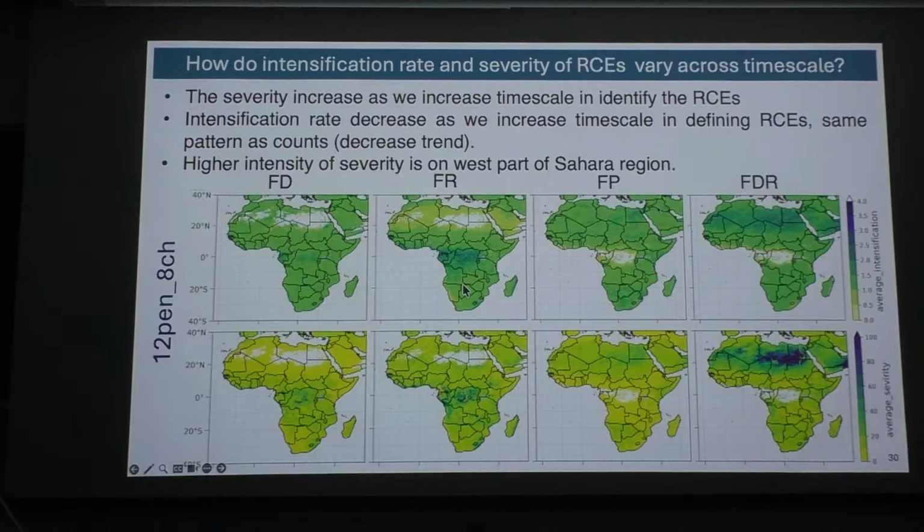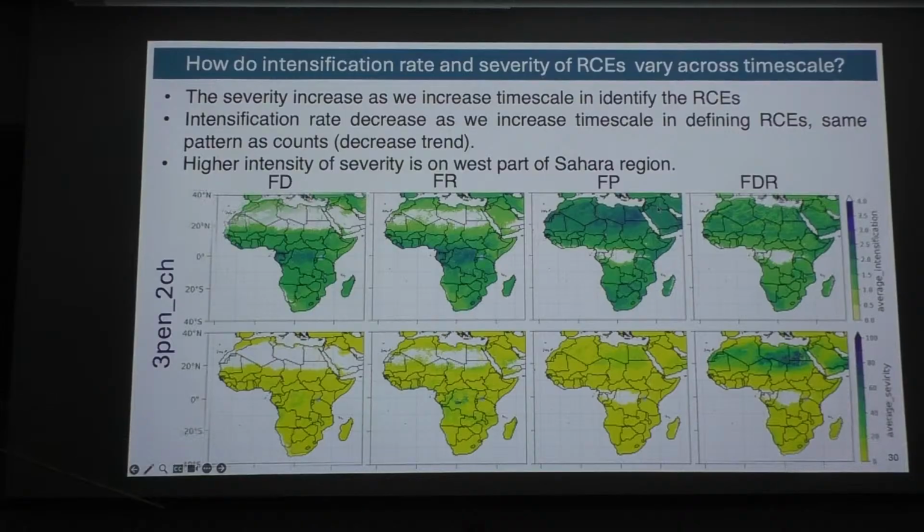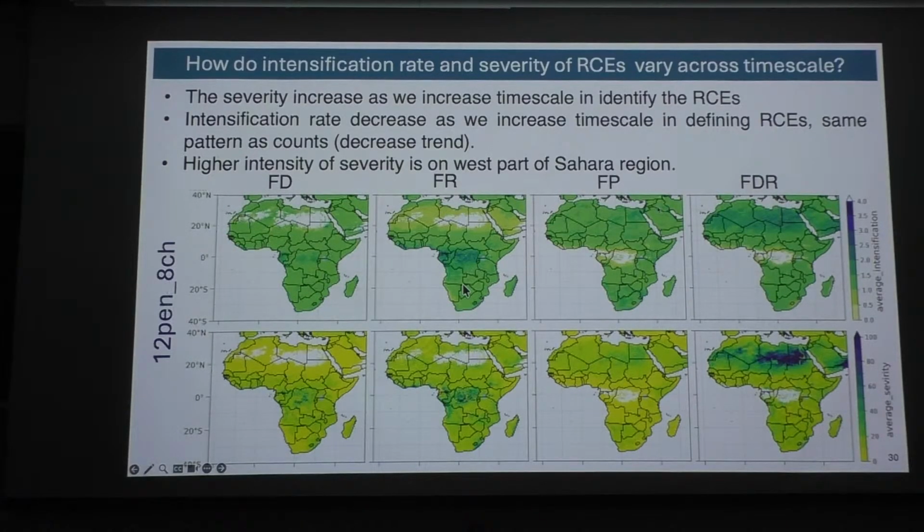For the count, as we move to the higher time scale, it decreased. The intensification decreased as well. But severity increased in intensity, as did what we saw in the duration. It increased from 10 pentad to 20 pentad.